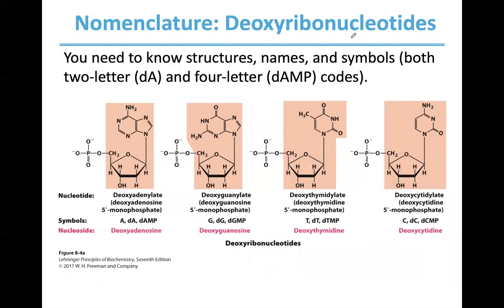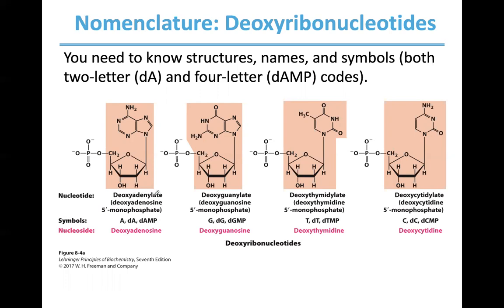So these are deoxyribonucleotides. So you will need to know the structures, names, and symbols, 2-letter and 4-letter. So here the nucleotide. Let's start with adenine. So for the nucleotide, if it's a component of DNA, this will be deoxyadenylate.